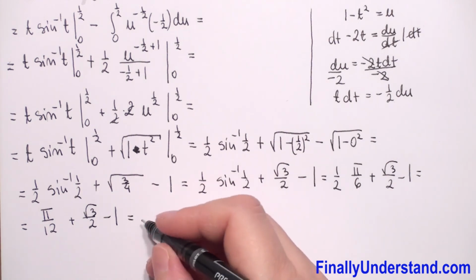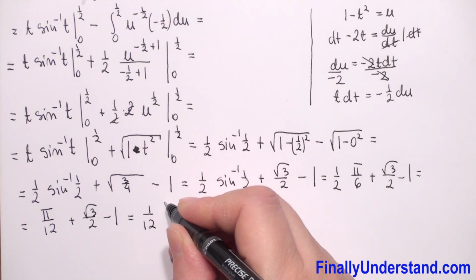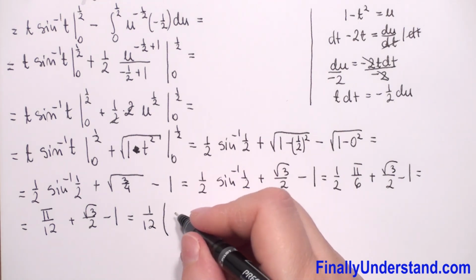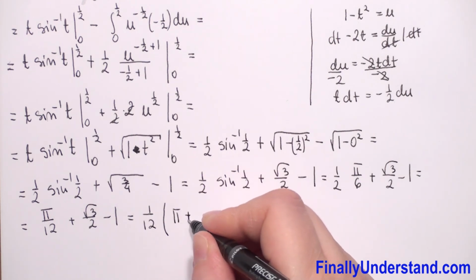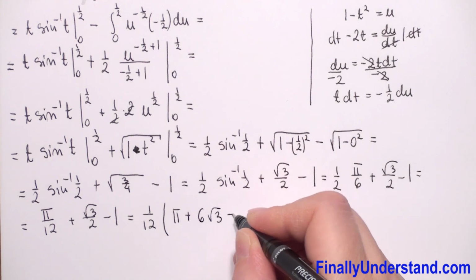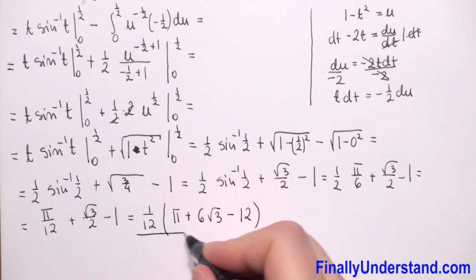We can factor out 1 over 12. So in parentheses, we will have pi plus 6 square root of 3 minus 12. This is my solution.